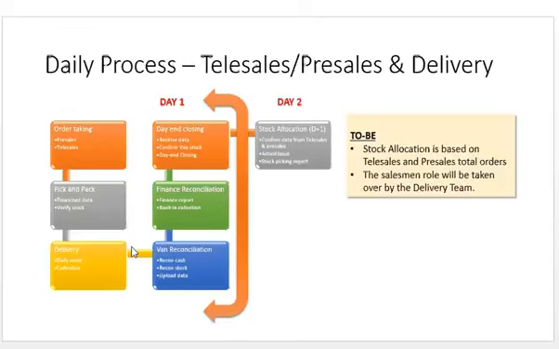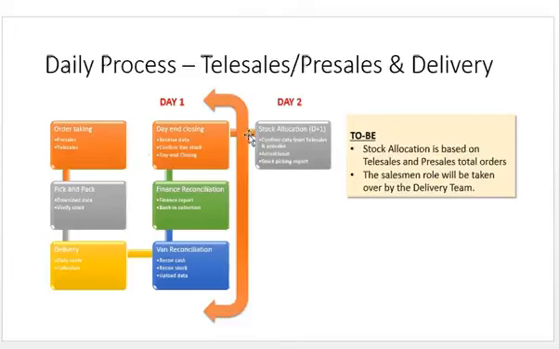So in the as-is, one salesman can cover between 30 to 40 outlets, with a delivery model probably they can cover 50 to 60 outlets per day. Okay, and the rest of it is the same.